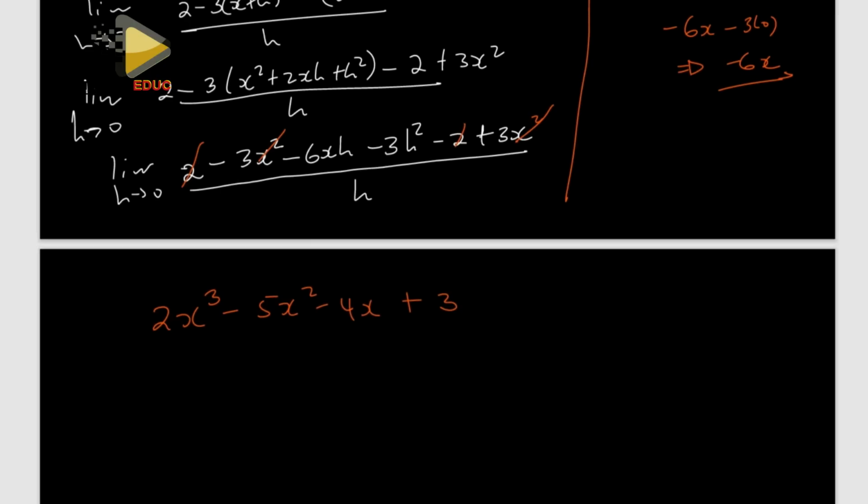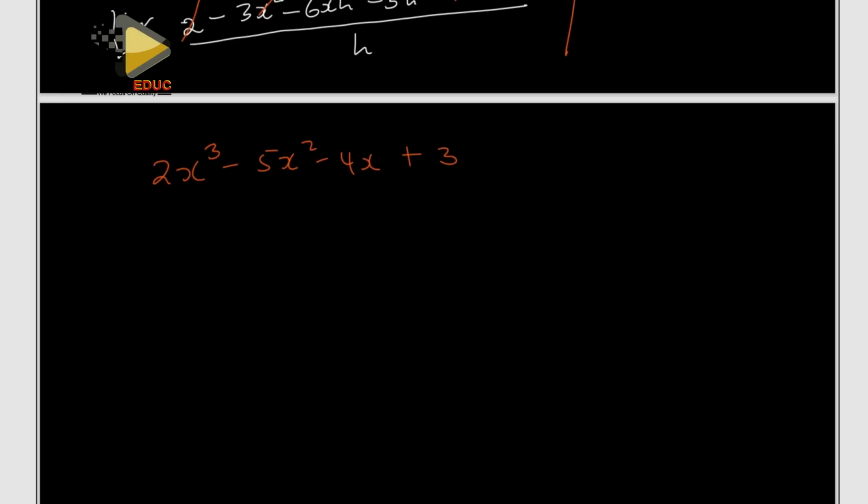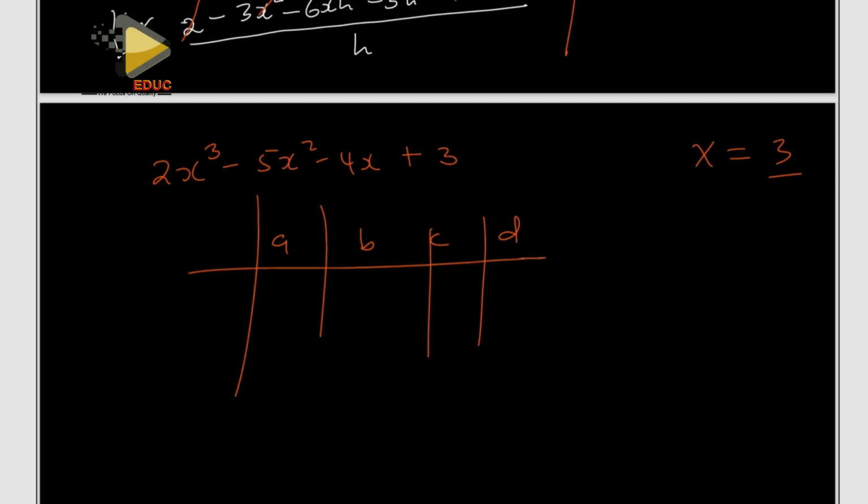That is our cubic function. They told us x equals 3 is just one of the roots. I can use my synthetic approach. The coefficients will be 2, -5, -4, and 3.